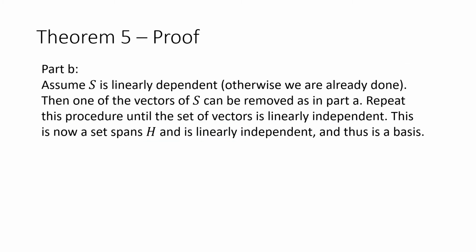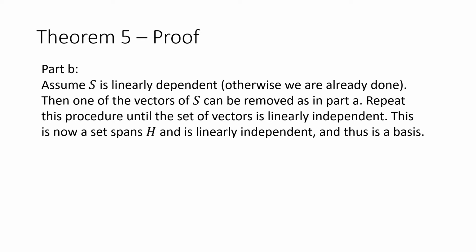What about part B? For part B, assume that your set is linearly dependent. Otherwise, we're done, because remember, a basis is a spanning set that is linearly independent. So if it's linearly independent, we have it, we're done. So what about when it's linearly dependent? What do we have to do then?